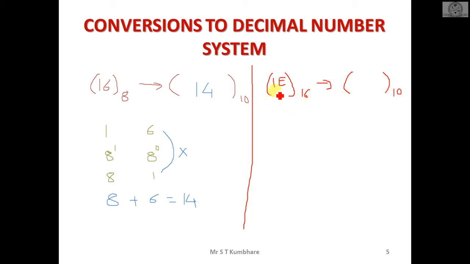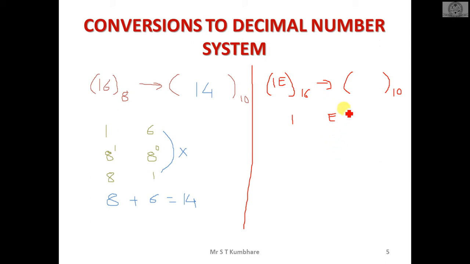We have to follow the similar procedure. We have to segregate these digits into 1 and then E. E is nothing but 14, because we have seen that after 9 we have placed A, B, C, D, E and F as digits in hexadecimal. So E has a value 14.